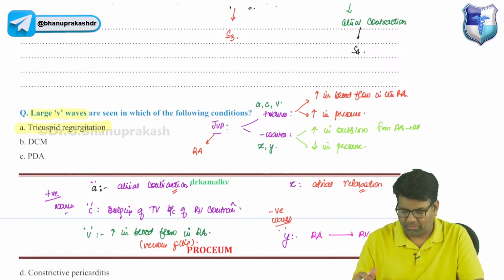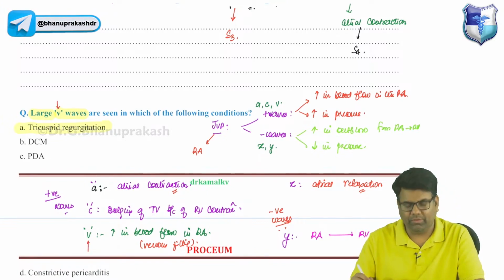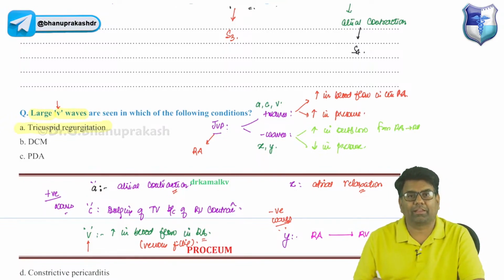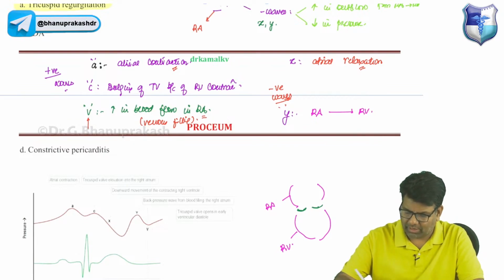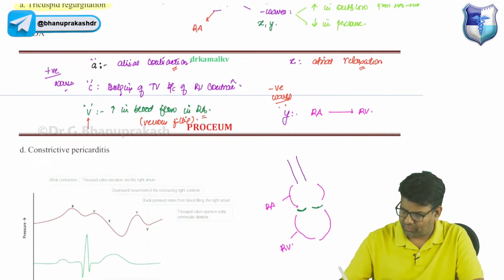Now we'll come back to the question proper, which is about large V waves. It is asking about V waves, and V waves are about the flow of blood within the right atrium or the venous filling of the right atrium. Now what happens in cases of tricuspid regurgitation? Suppose this is the tricuspid valve, and above there is the cavity of the right atrium, and below the right ventricle. Now usually the blood is coming from the vena cava, superior and inferior, right?